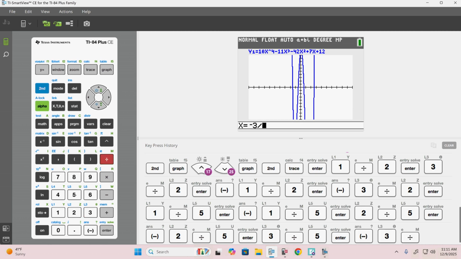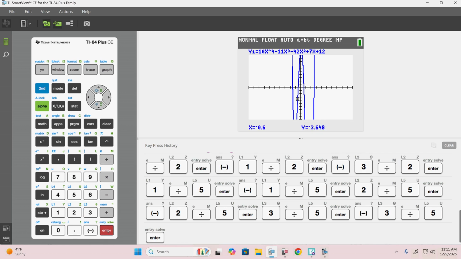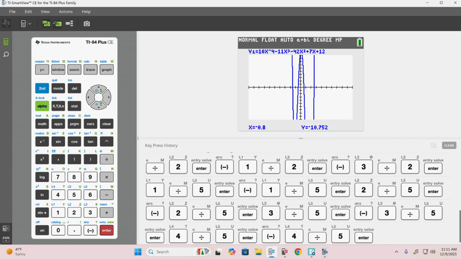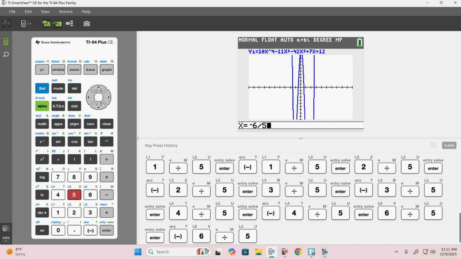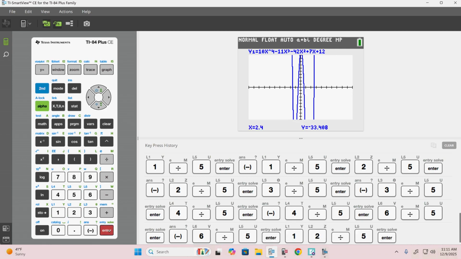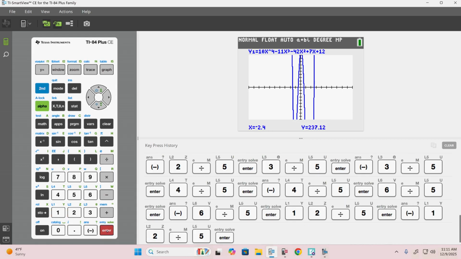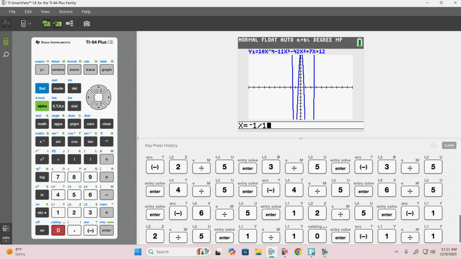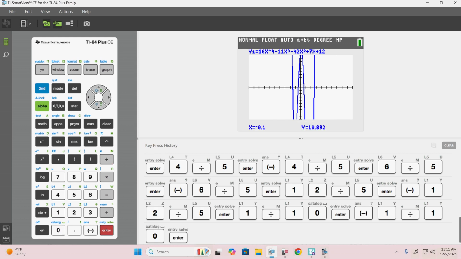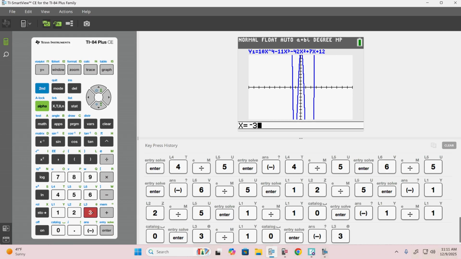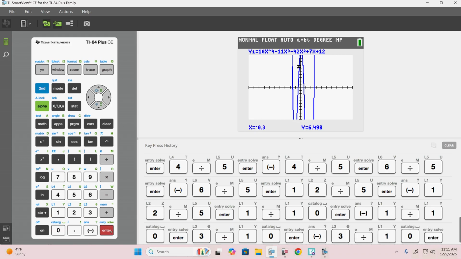We can check negative 3/5. That doesn't work. 4/5 doesn't work. Negative 4/5 does not work. Our next one after that is 6/5, negative 6/5, 12/5, negative 12/5, 1/10, negative 1/10, 3/10, and negative 3/10.